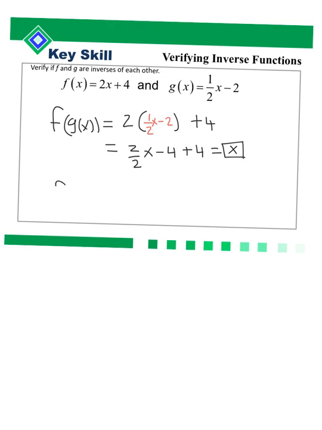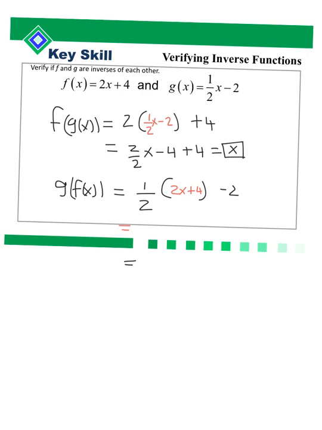And then we do g of f of x. So I take the g function, so 1 over 2, instead of x, I'm going to put f of x. So I'm going to put 2x plus 4. Then I just need to distribute.